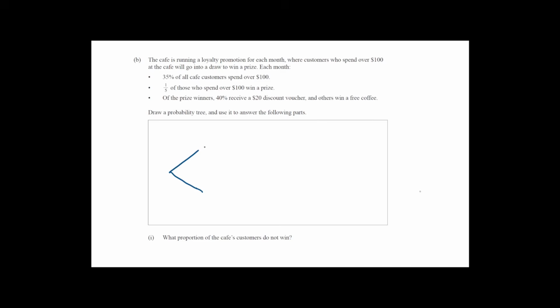Okay, so let's do that. So we have over $100 here, and we have under $100 here. Okay, so 35% of all customers, so 0.35, so this must be 0.65, and 1/5 of those win a prize. So a tiny, tiny number. Let's say win, and let's say this is lose. So 0.2, 1/5 of 0.2. So that must mean that 80% don't win.